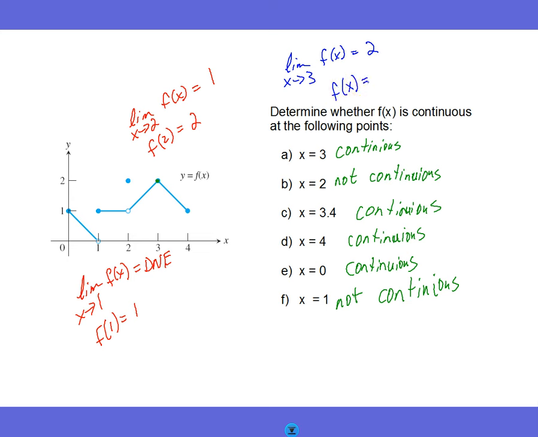That is equal to 2. So what works for 3? Hopefully we can see what's going on with 3 compared to 2 and 1. Then you have to ask yourself, is that the same thing that's happening at C, D, and E, for x equal to 3.4, x equal to 4, x equal to 0? Do those all work the same?